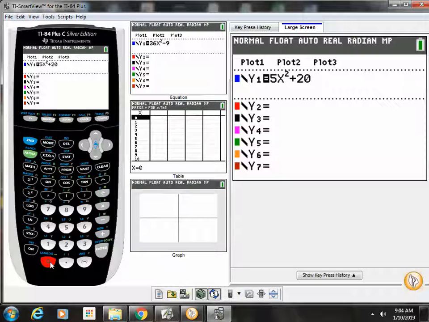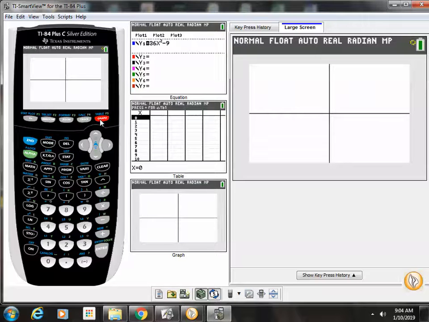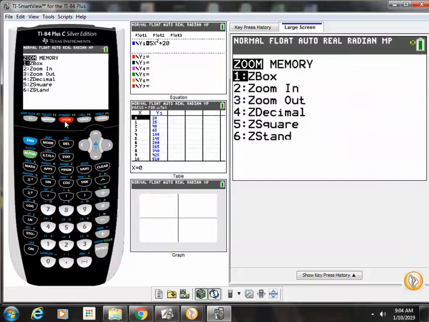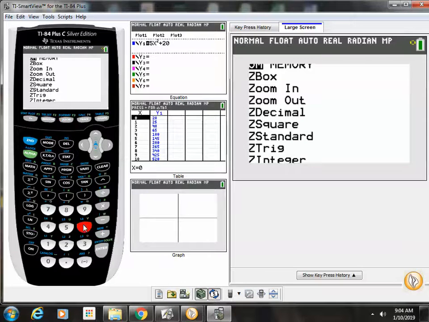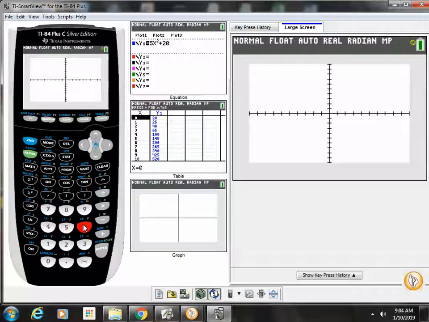Now where do we go to see a picture of our graph? Looks like mine is super zoomed in, okay? I'm going to have to go to zoom and then zoom standard to get back to my standard viewing window. So I went to zoom and I'm going to click number 6 to go to Z standard. So if your graph doesn't appear either, you might have to do this. It's still not there, is it?